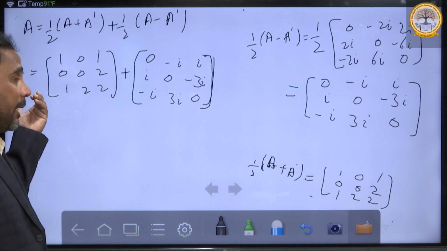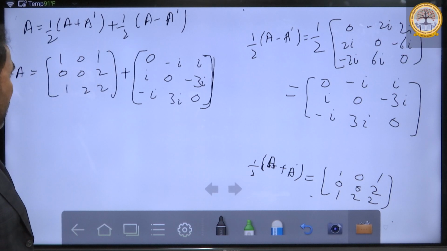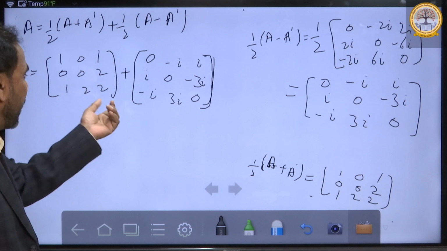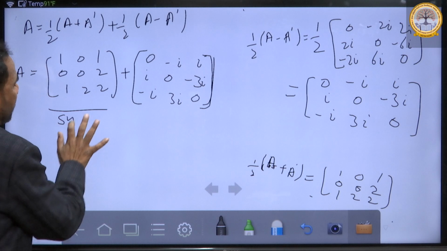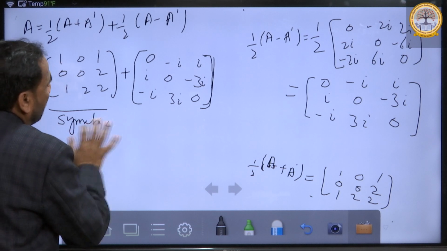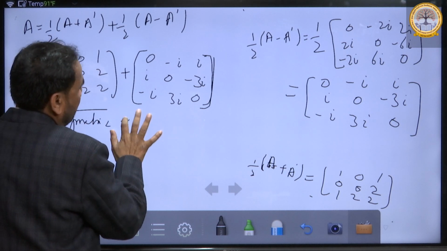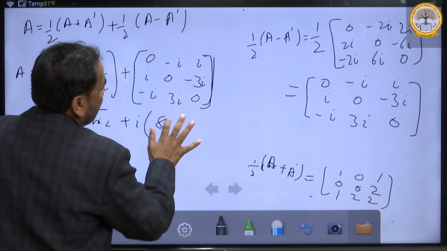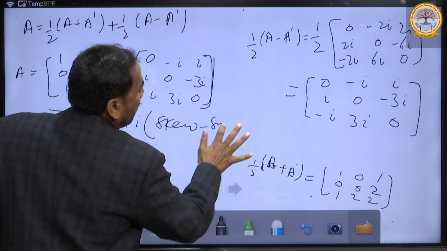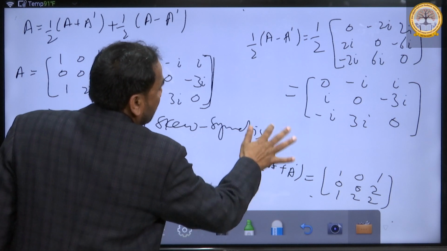Here, this is the given matrix A. We express this matrix as two matrices. First is the symmetric matrix, and second, where i is common, is the skew symmetric matrix.